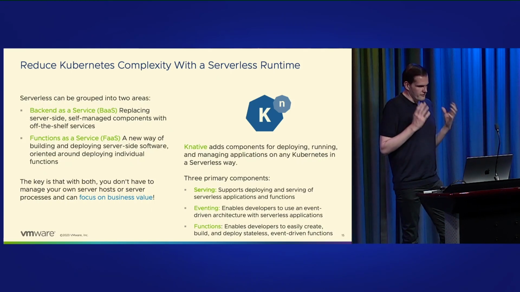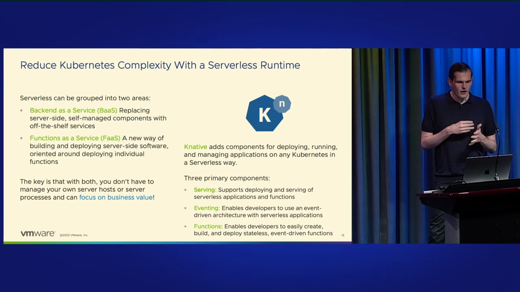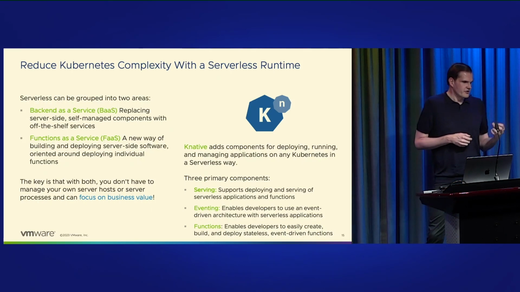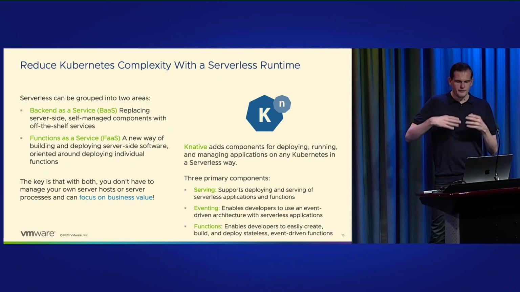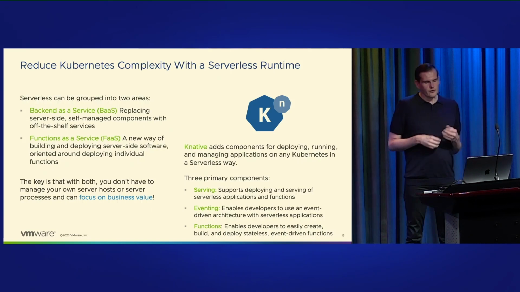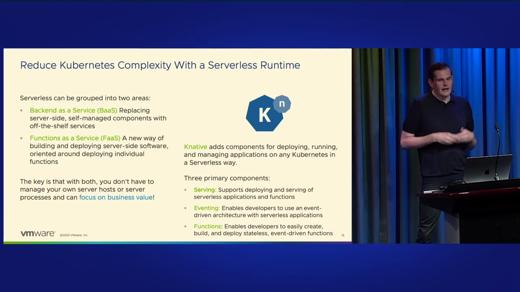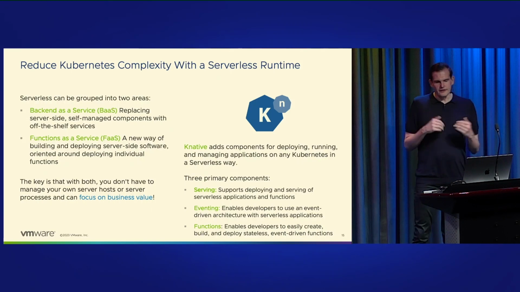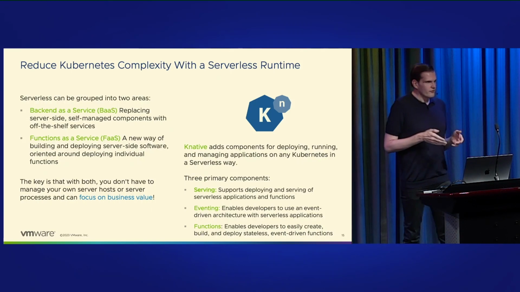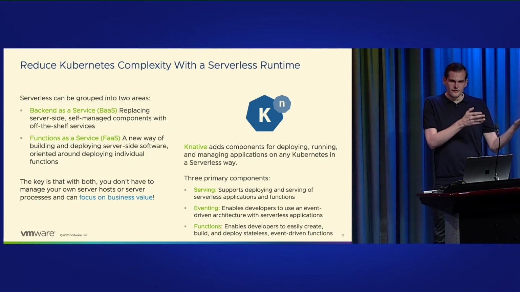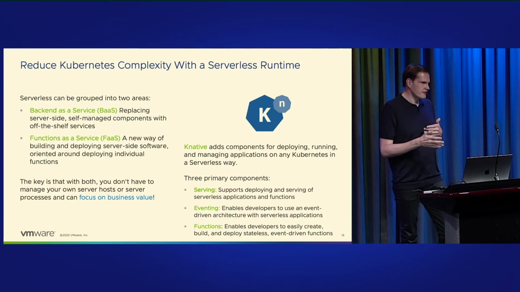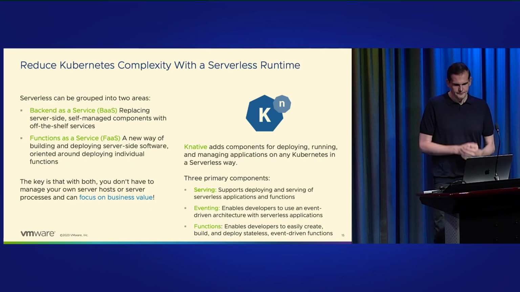One is eventing, which is focused on event-driven serverless applications, with triggers, and abstracting away the brokers where those events will be sent. And a newer one, called functions, which enables developers to easily build and deploy functions. They are also just adding the functionality to use Cloud Native Buildpacks for this experience. Currently, it's source-to-image because the main driver behind that was Red Hat.